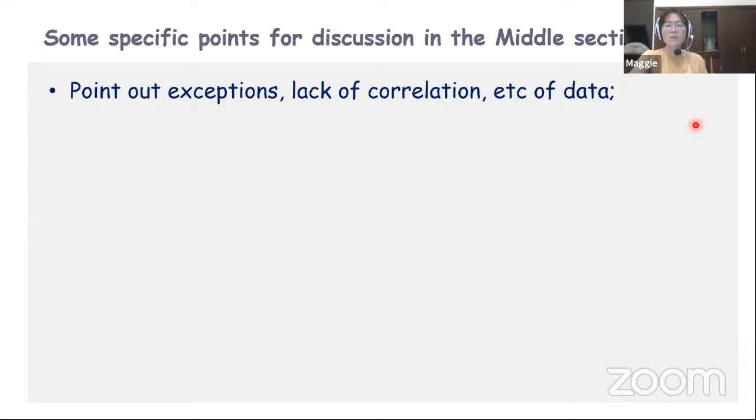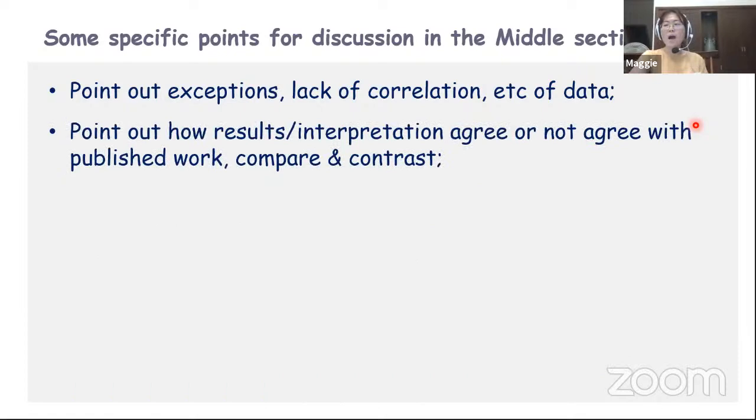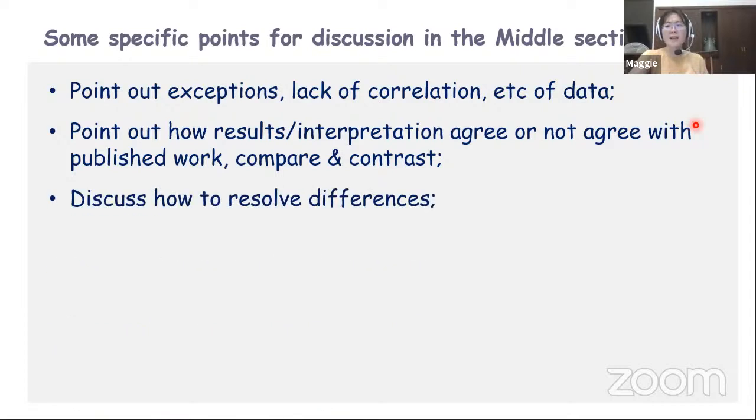You can point out the exceptions, lack of correlations, and so on, and point out how results disagree or agree with the published work. Compare the findings of your own and others, and discuss how to resolve the differences.